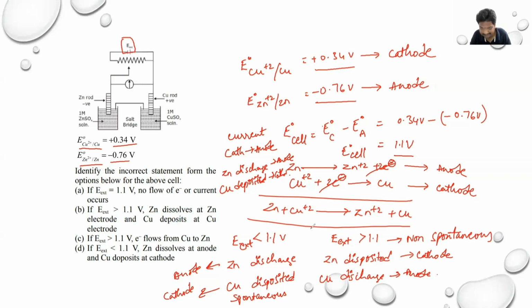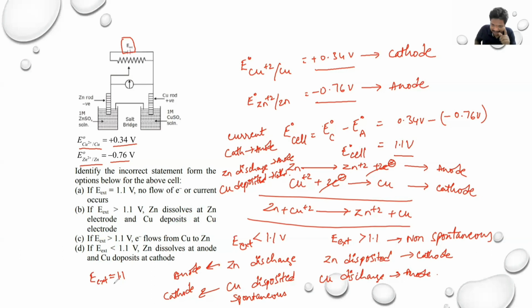Now when the potential of the external circuit, E external, is 1.1, what happens here? In this case the potential of the cell and external circuit is the same, so there is no flow of electrons.